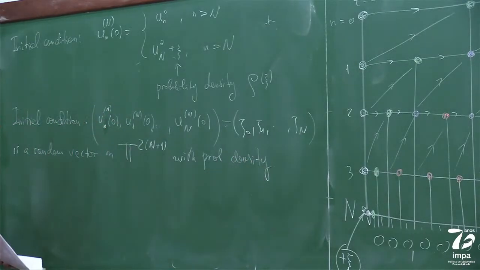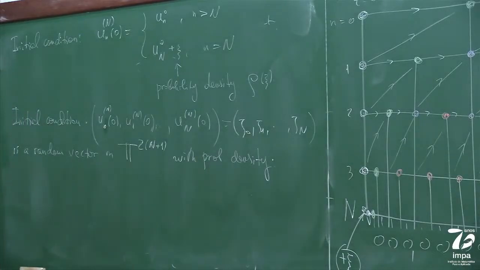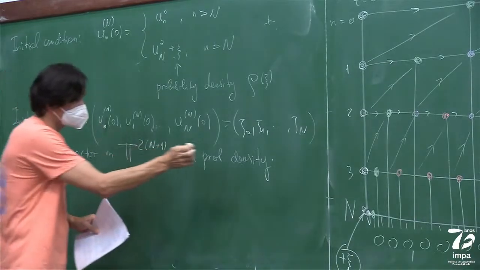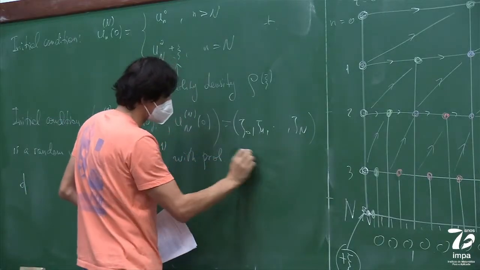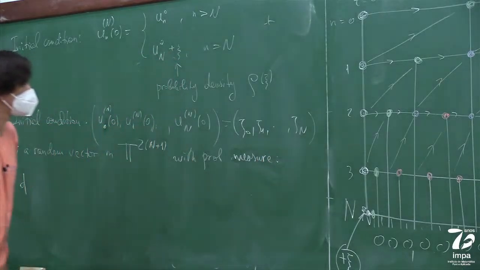And of course, we can write the probability density. How do you write it? The first ones are deterministic, so it's delta functions. So let's say directly the probability measure, since it's already not a density.